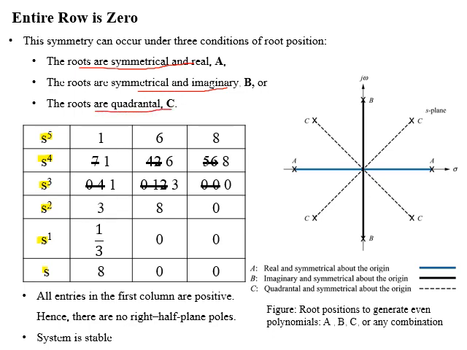Now in example, the characteristic equation has order of 5, which means that this system has a total of 5 poles. From first row to second row we have no sign change. From second row to third row we have no sign change, and the third row corresponds to auxiliary polynomial.